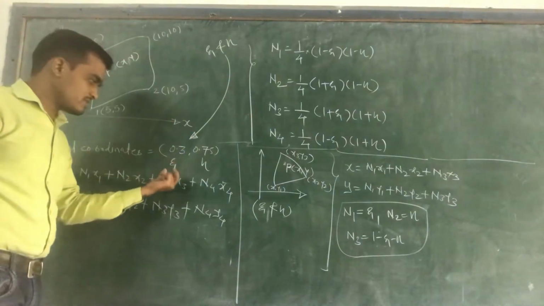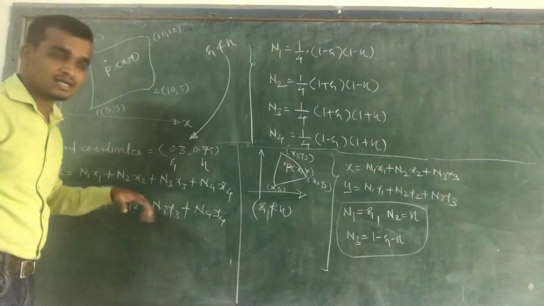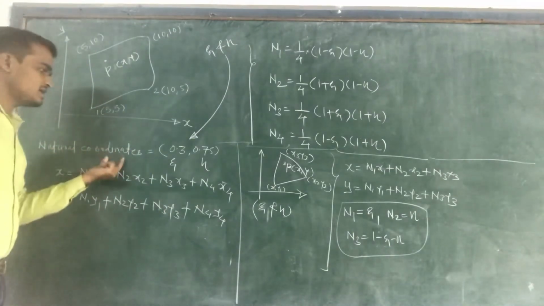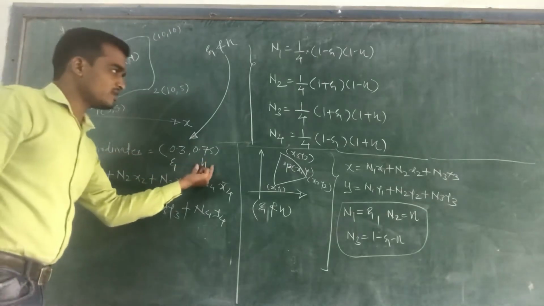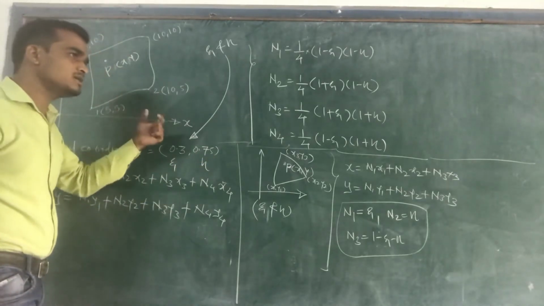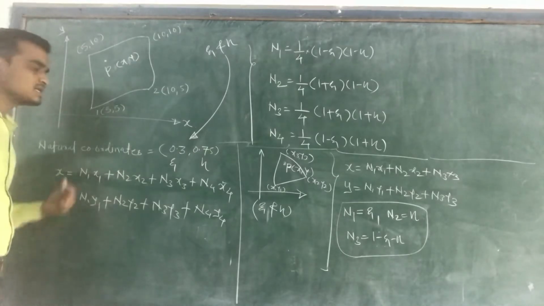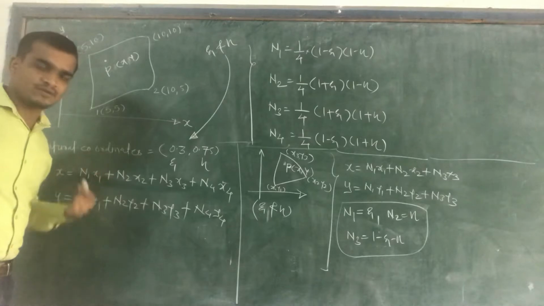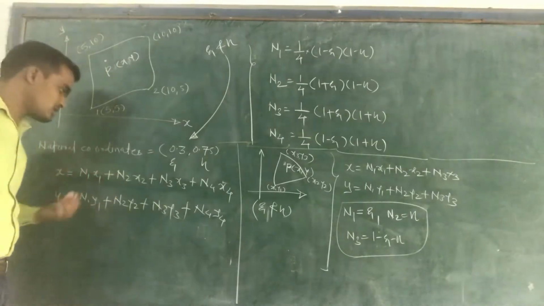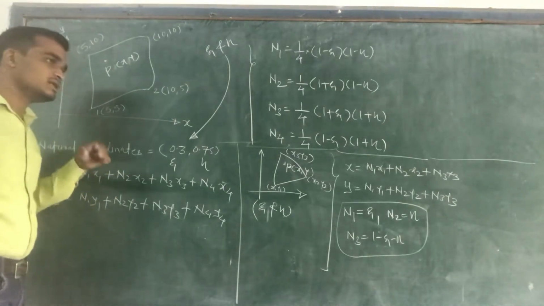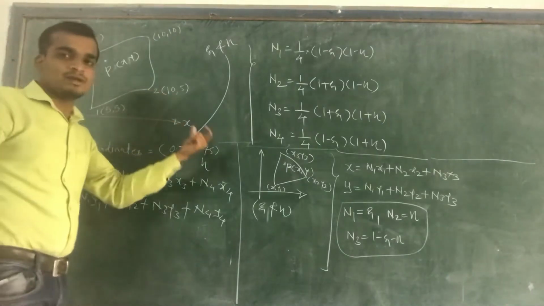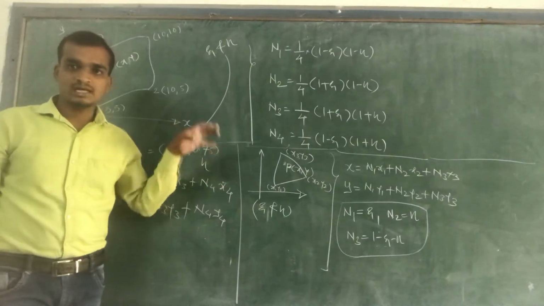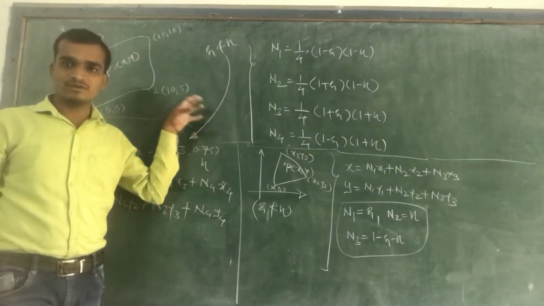But if it is asked to find the natural coordinates, zeta and eta, for this quadrilateral element by using global coordinates, meaning the values of global coordinates x and y are given, then this example becomes a complex one. Such examples will be asked for 8 marks. Okay, 6 to 8 marks will be the weightage for such examples.